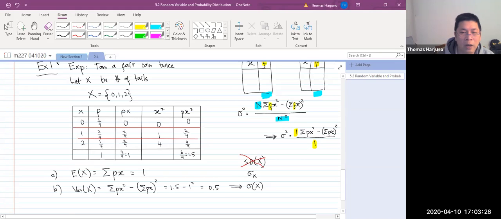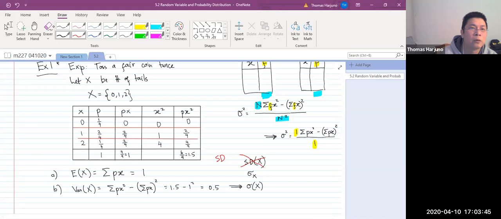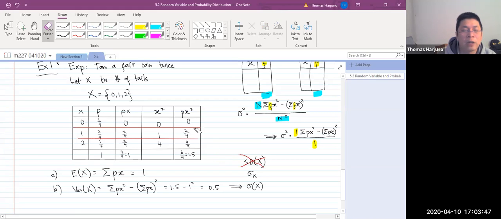I know some teachers use that, and some textbooks actually do that, that's totally fine. But in my class, please don't do so. We never used the notation SD for standard deviation in the past. That's why I don't allow that right now.